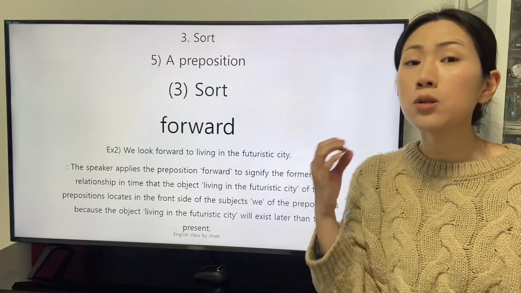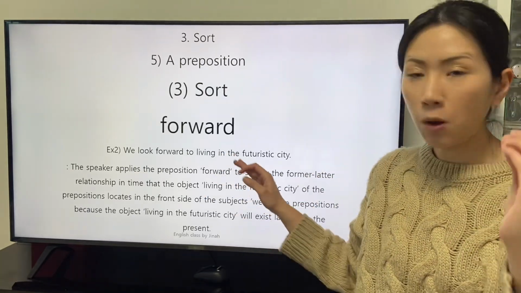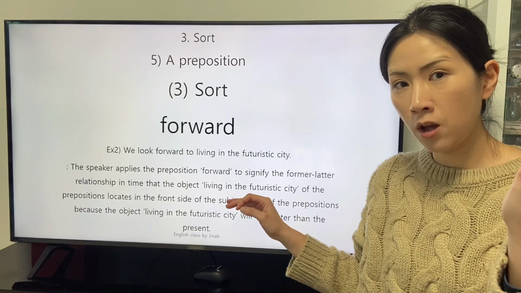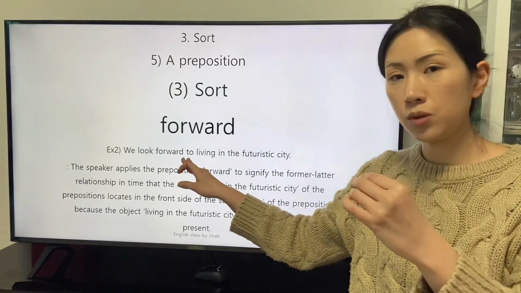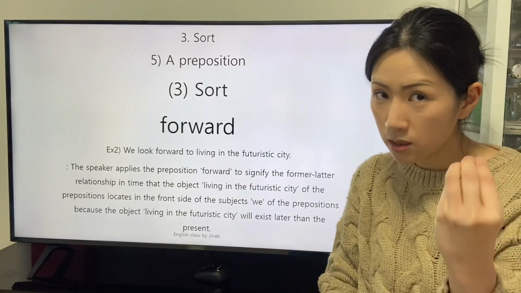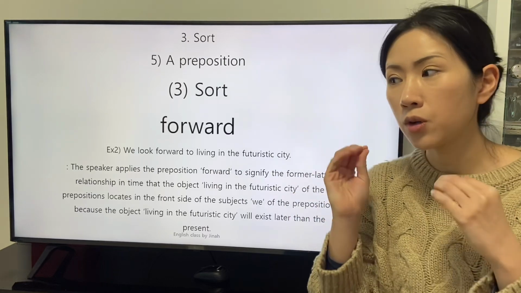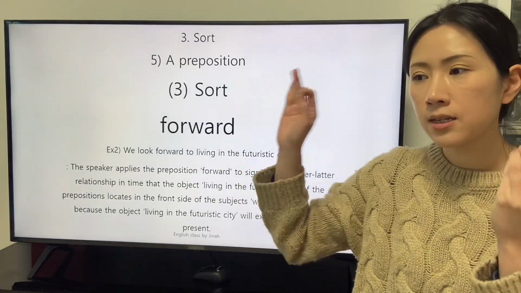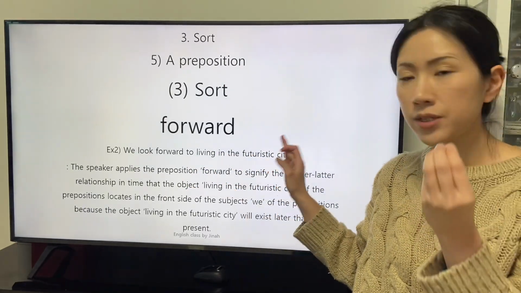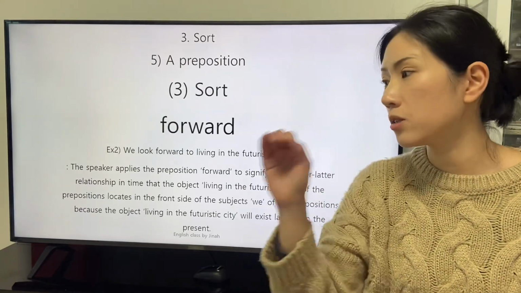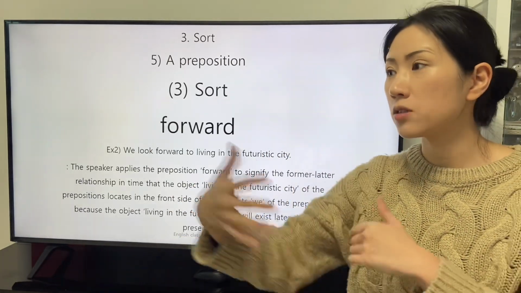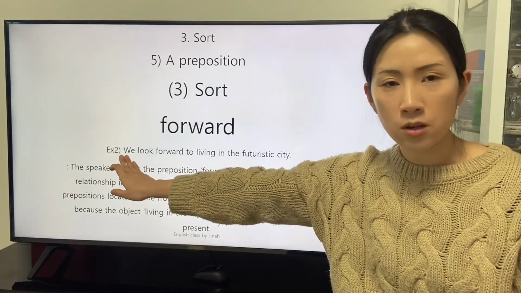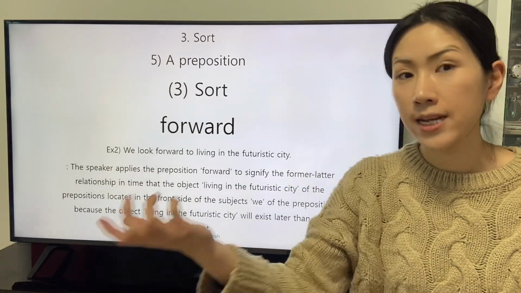We can also know that the object of the prepositions for to is connoted by the speaker, who considers the object living in the futuristic city is the righteous way as the front side that the subjects are heading to.